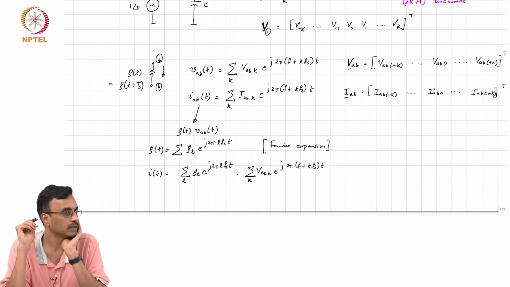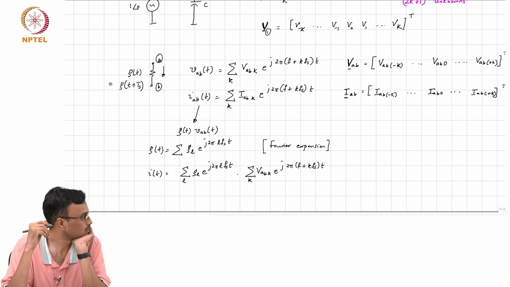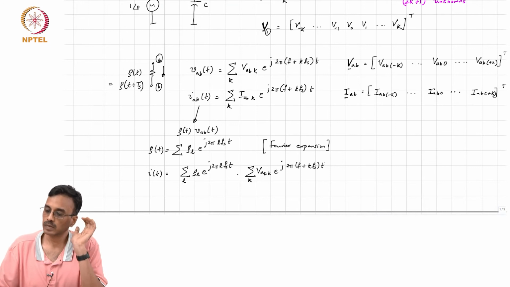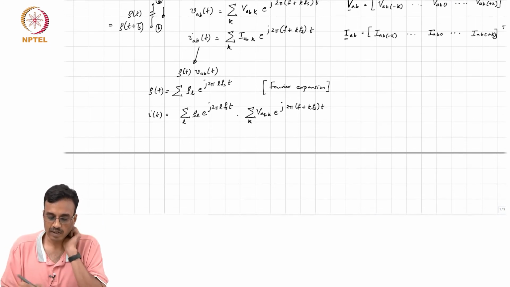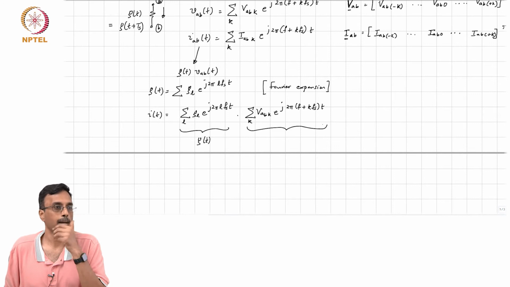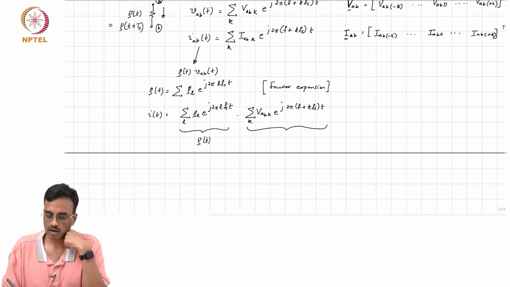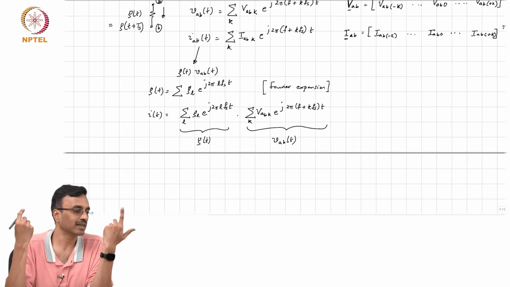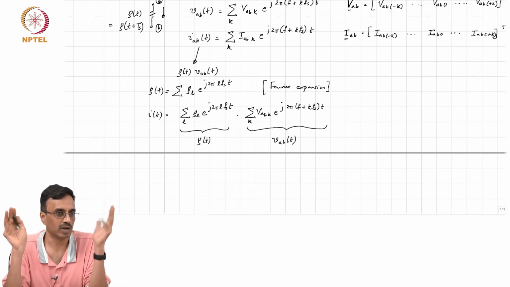Correct? Does it make sense, people? This is nothing but G of t, and this is nothing but VAB of t, and all that this is saying is that current is G of t times the voltage.